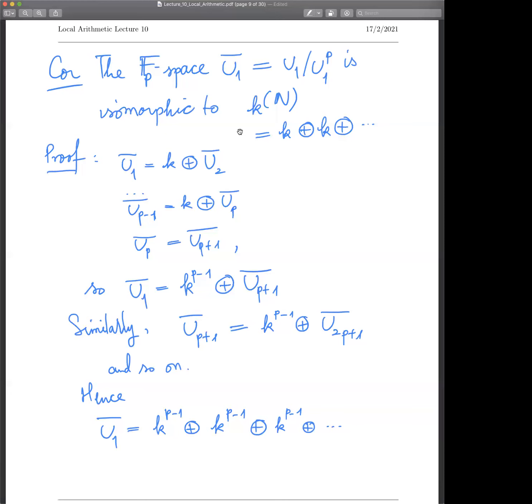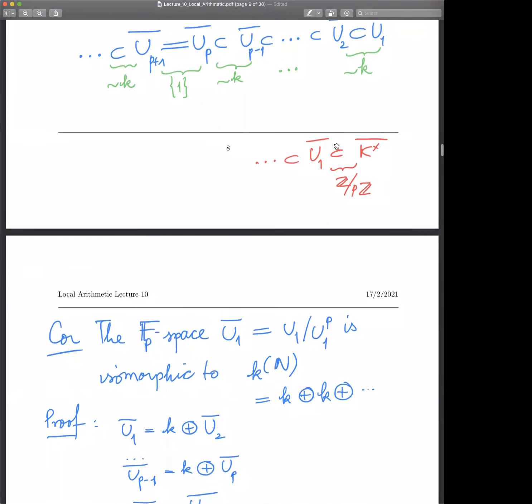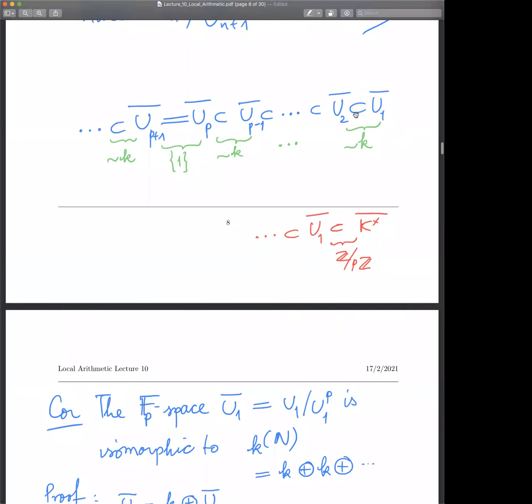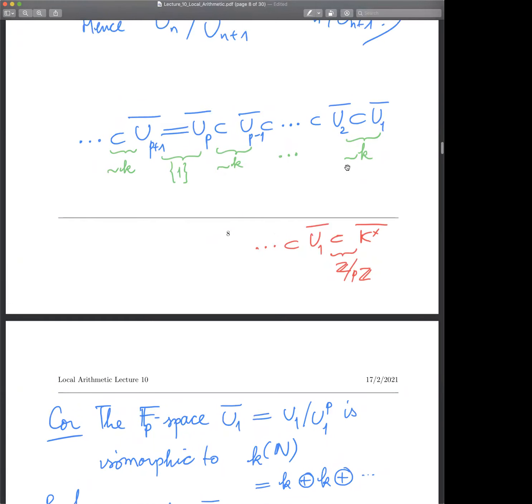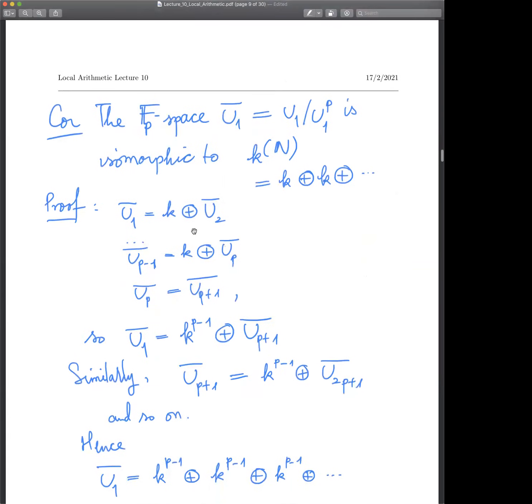Okay, so there's some sort of a proof here. What is this? U_1 bar is K plus U_2 bar. Yeah, that's right. That's because U_2 bar is a subspace of U_1 bar, and the quotient is K, and any exact sequence of vector spaces splits. So I can write U_1 bar as K direct sum U_2 bar.